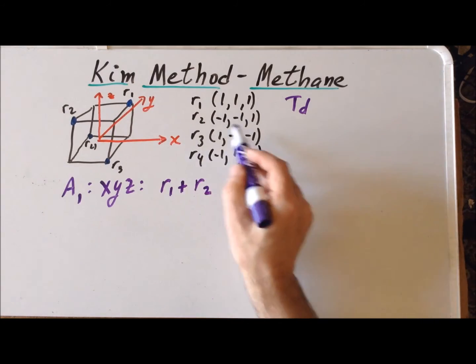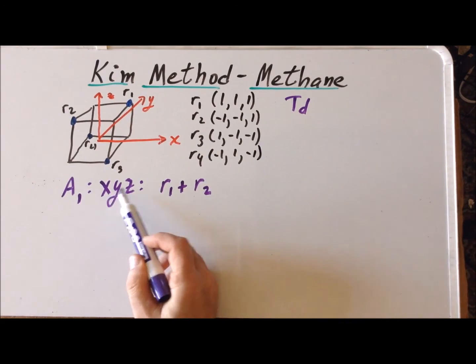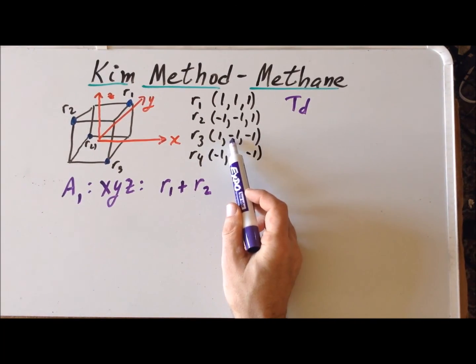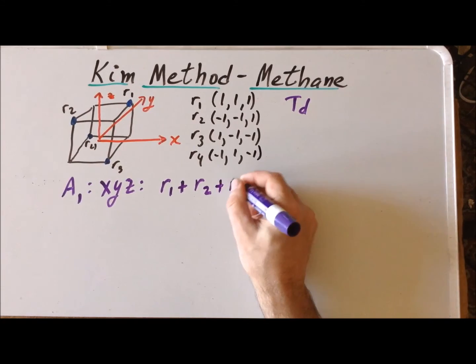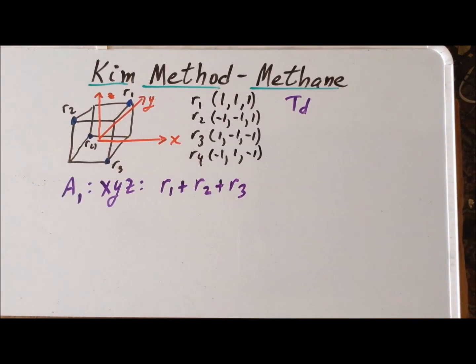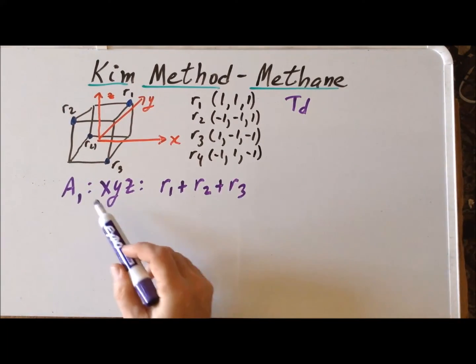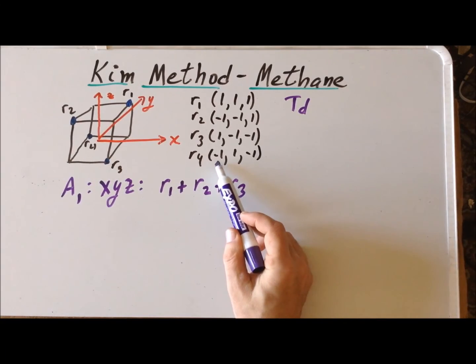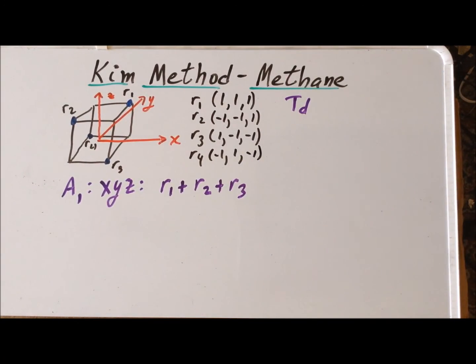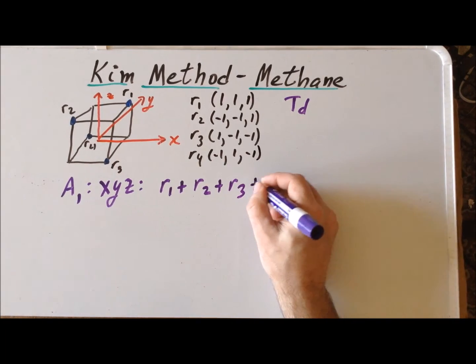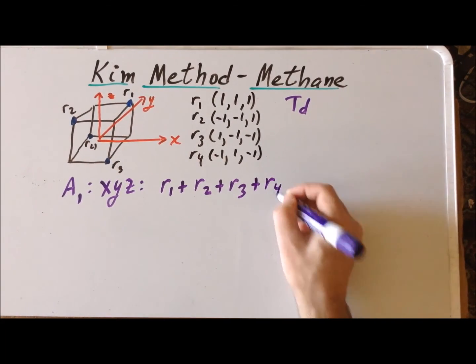Next we check for R3. X times y times z is 1 times minus 1 times minus 1. Again, that gives us a coefficient of positive 1, so we have plus R3. For R4, x times y times z is minus 1 times plus 1 times minus 1. Again, we have a value of plus 1 for our coefficient, so that gives us plus R4.